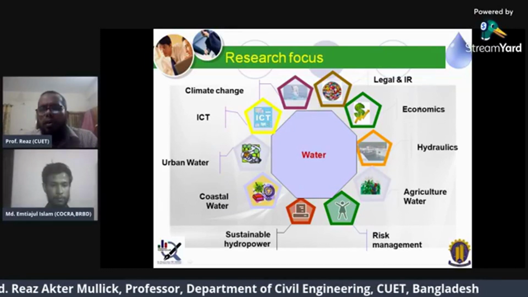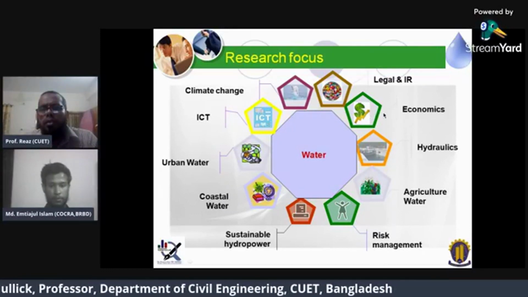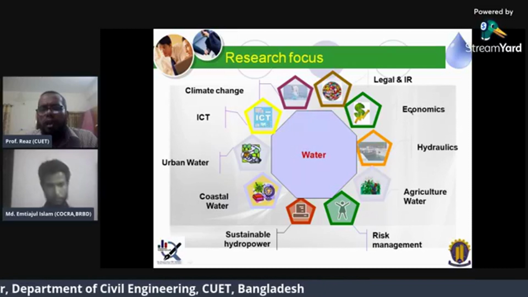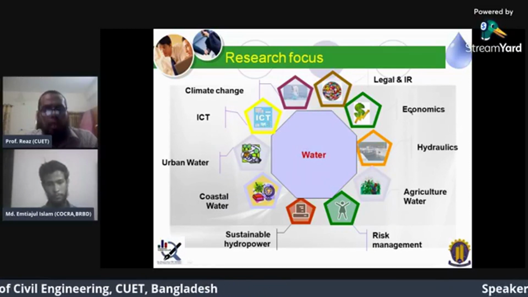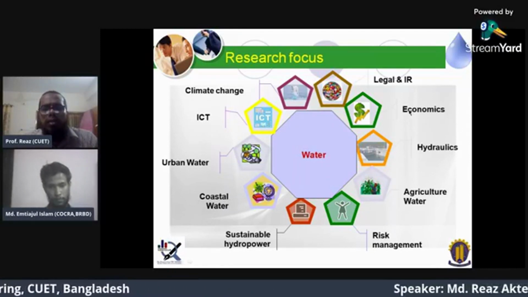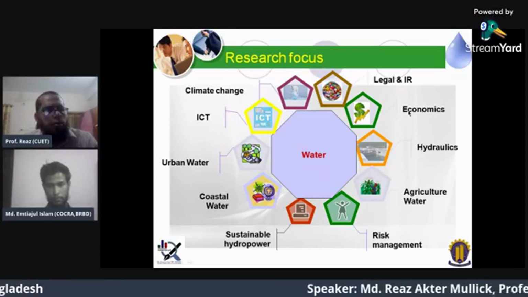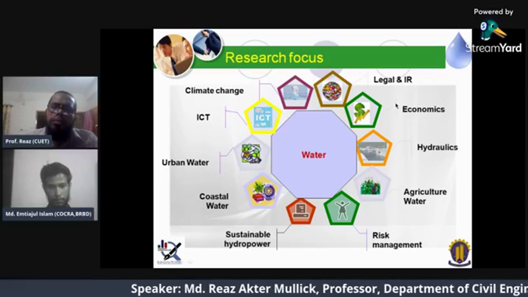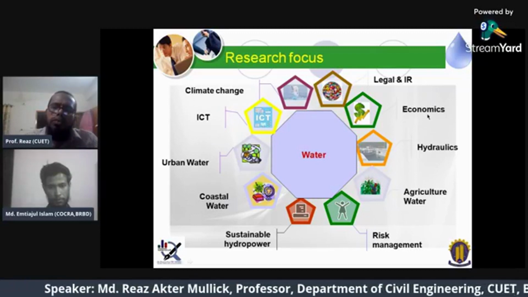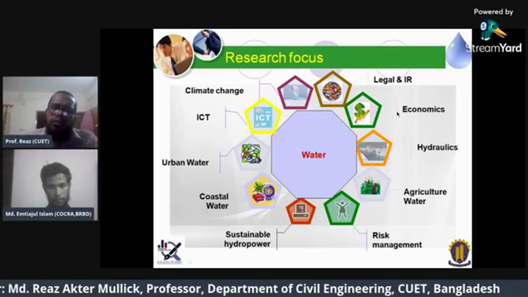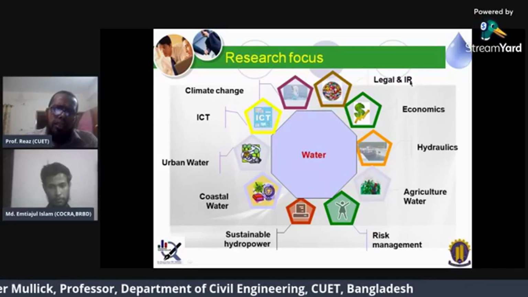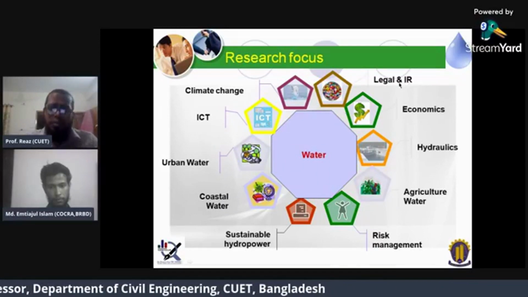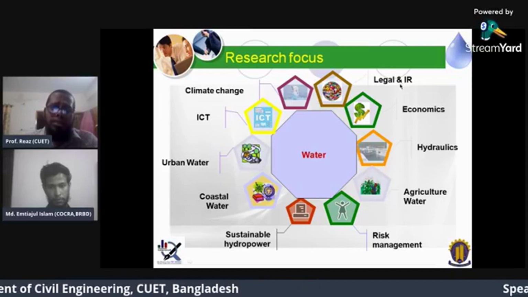Economics, also very important, the water resources economics, how to value water and how that value can be regained from the community. This economic aspect of water resources management is very important, and the legal and the international relationship of the global network will also be discussed.